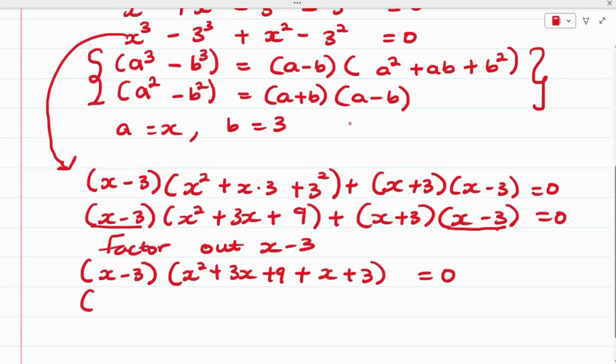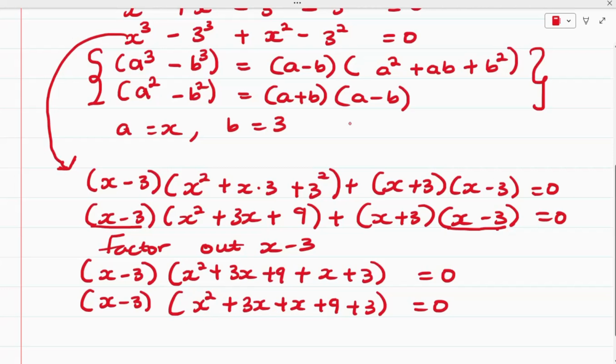So collecting like terms, we have (x minus 3) multiply (x squared plus 3x plus x, which is 4x, plus 9 plus 3, which is 12) equals 0.